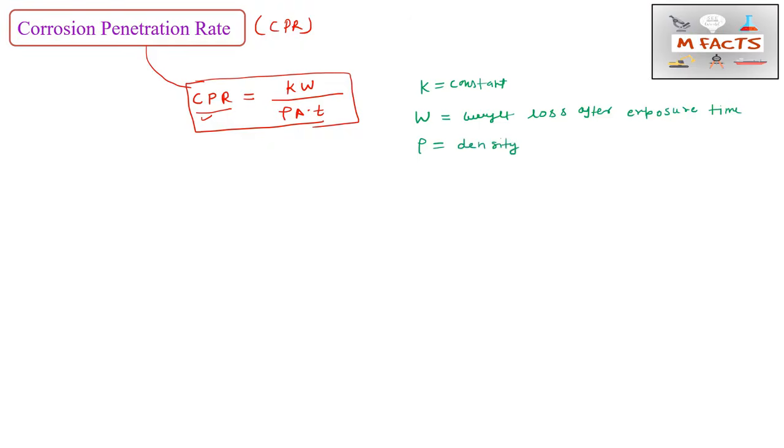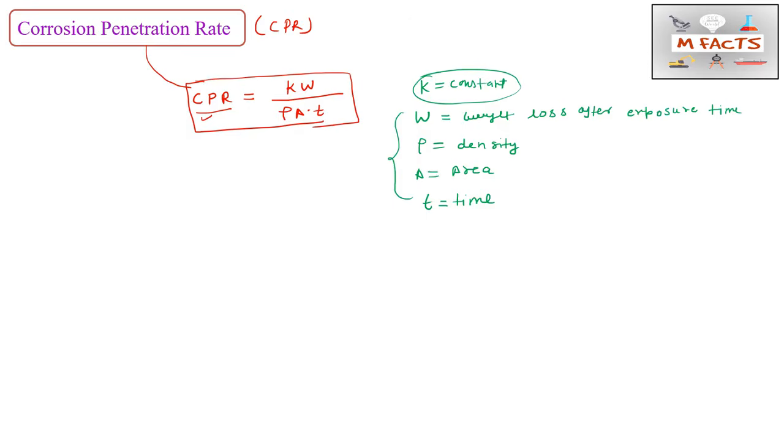A is the area, or you can say the exposed specimen area, which is responsible for this penetration. K is a constant, as I already told you, and T is time. So these are the terms used in this formula.